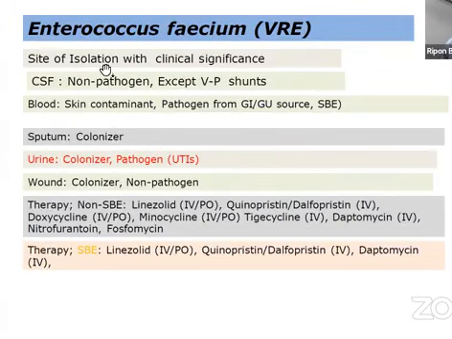Actually, these are colonizers, but it may be pathogenic in urine or blood, or in CSF in case of a VP shunt. So in that case, we should consider the different factors of the patient. The preferred therapy is linezolid, quinupristin-dalfopristin combination, doxycycline, minocycline, and other drugs.